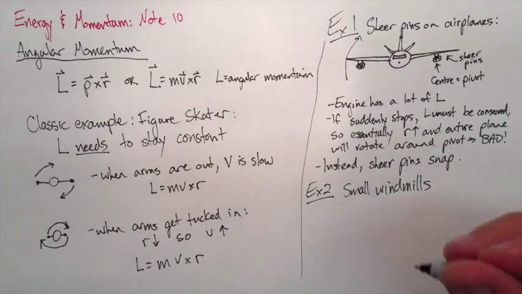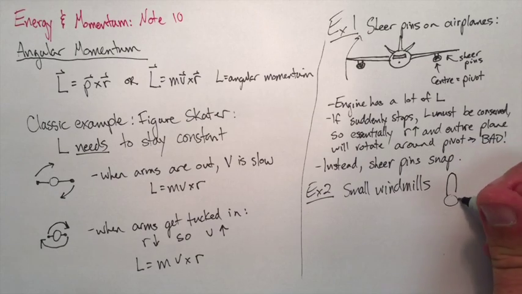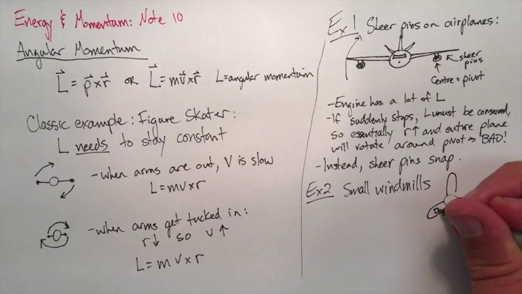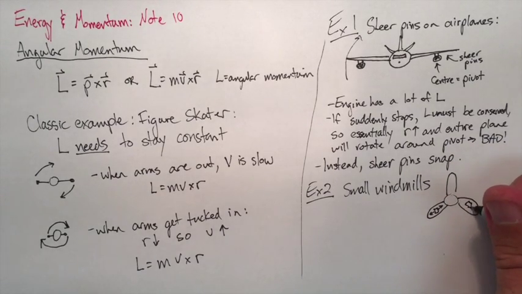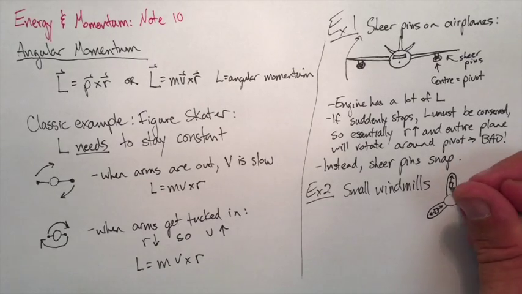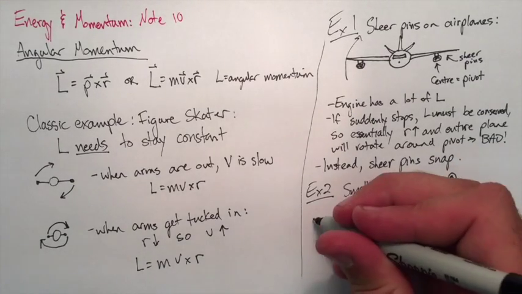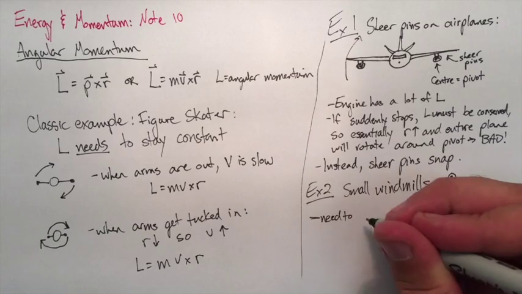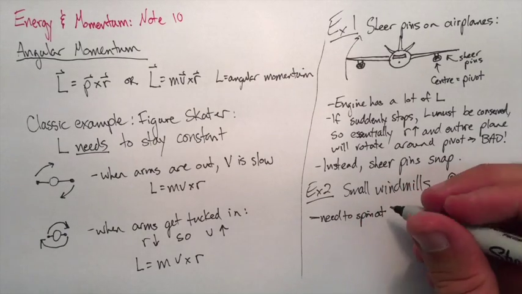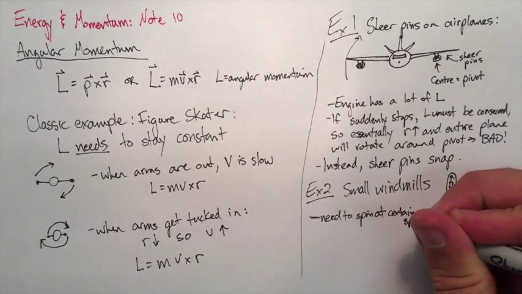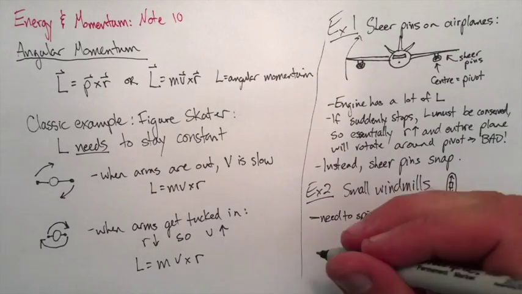The second example is a small windmill. These are windmills used to generate electricity. They have weights on the back of the blades that are able to move towards the center or away from the center. Now these windmills need to spin at a certain speed, but we know that wind blows at different speeds all the time.